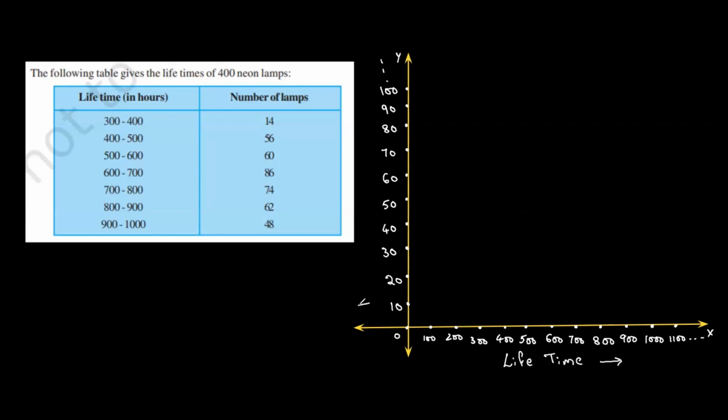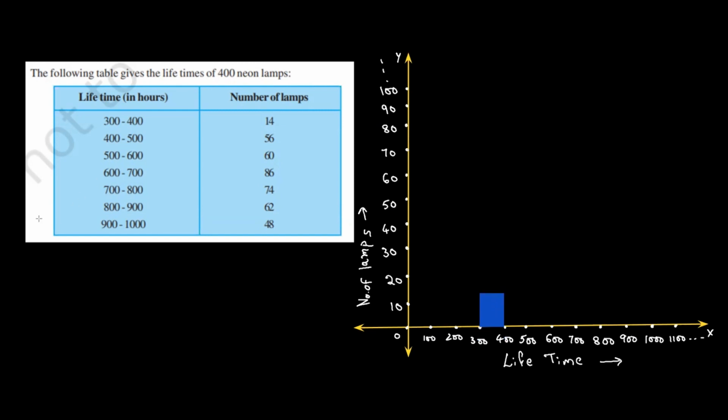So on the y-axis, number of lamps. Now if you observe the first and foremost class, 300 to 400, the number of lamps is 14. So wherever 300 to 400 is there, I'll go with the number of lamps as 14, that is 10 after the fourth line.